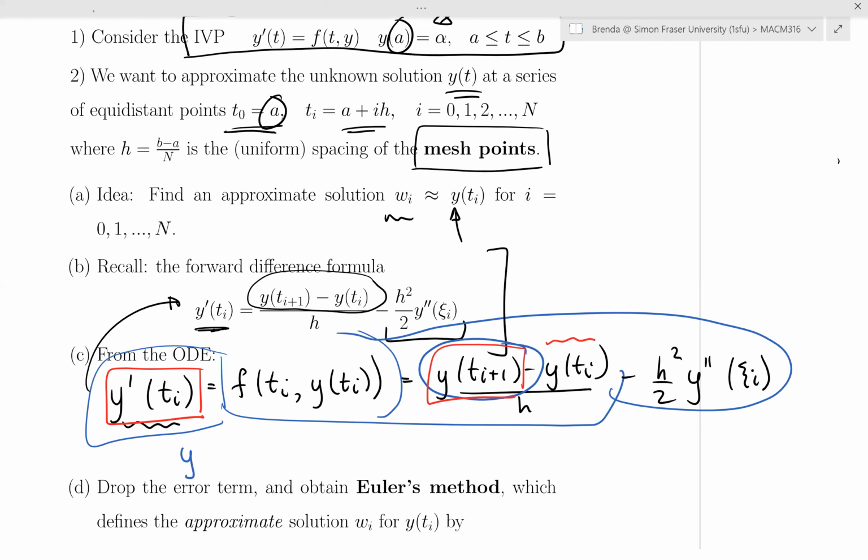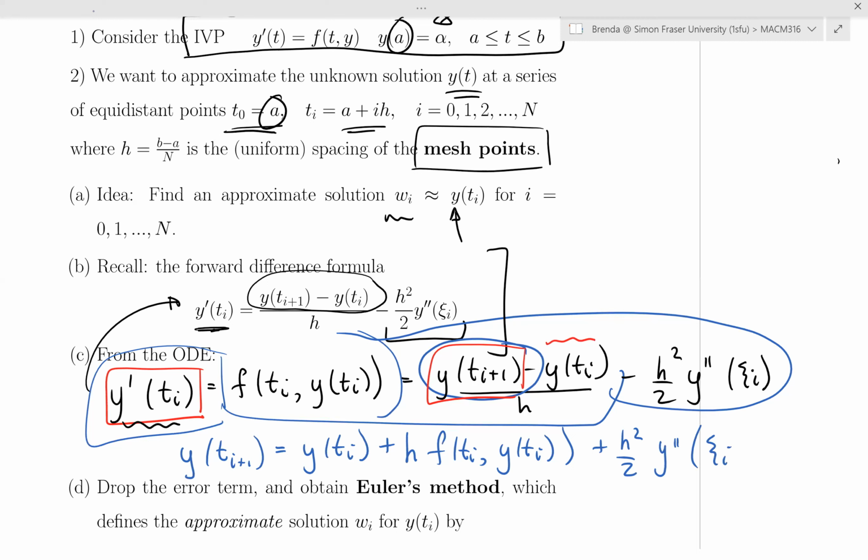It looks like this. Y at Ti plus 1 is Y at Ti plus H times F at Ti, Y at Ti, plus H squared over 2 times the second derivative. What is this guy right here?